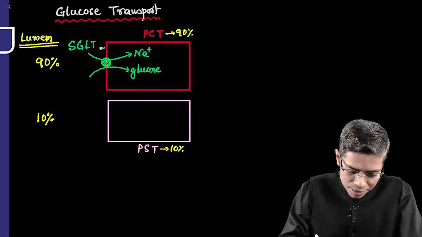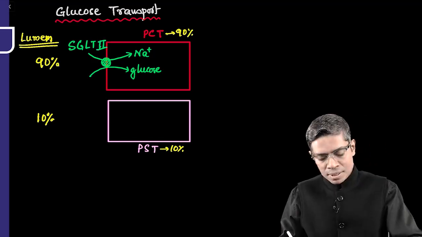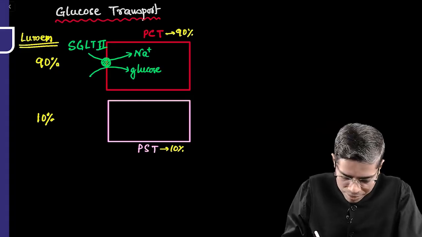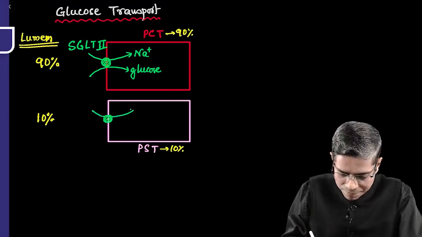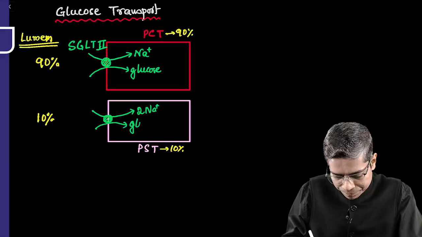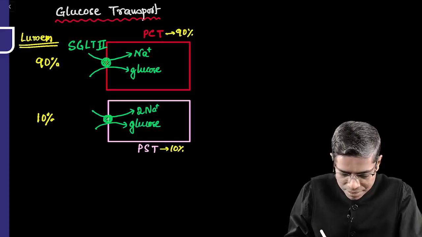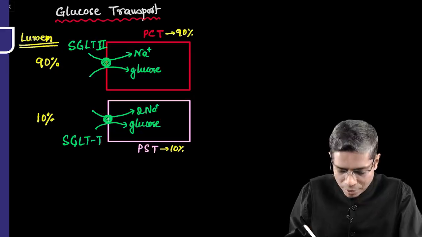So I should write down type 2 like this. This is SGLT type 2. The transporter which reabsorbs 10% of the total glucose at the level of the proximal straight tubule is also SGLT. It absorbs 2 molecules of sodium with 1 molecule of glucose, right? And this is SGLT type 1.